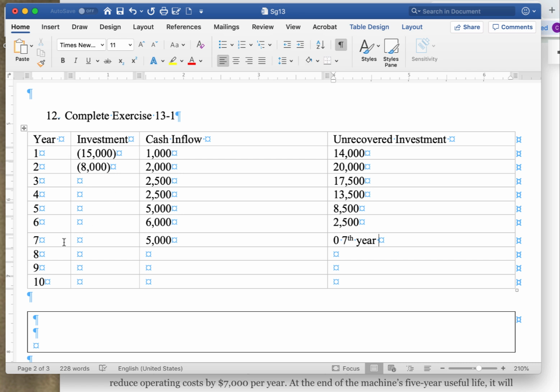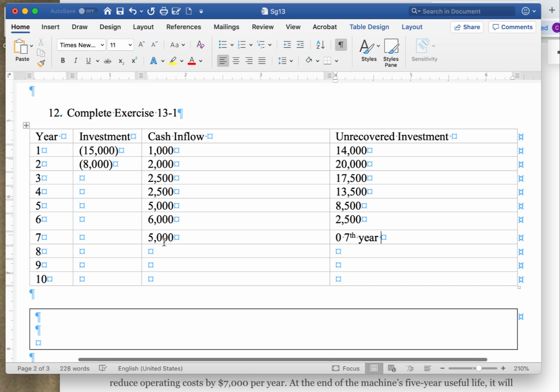Well, let's look at year 7, okay? At the start of year 7, I have $2,500 that is still uncollected, okay? However, in year 7, I make $5,000.